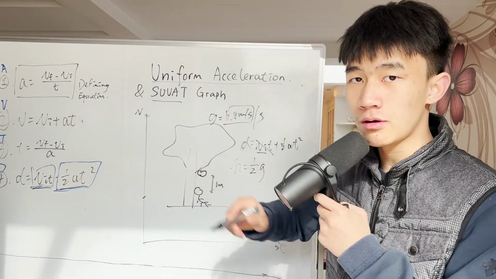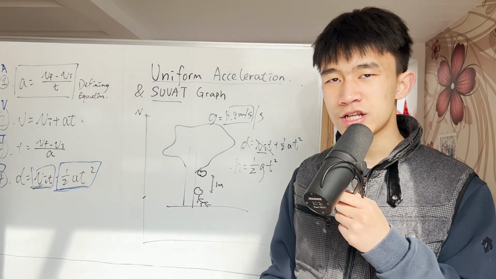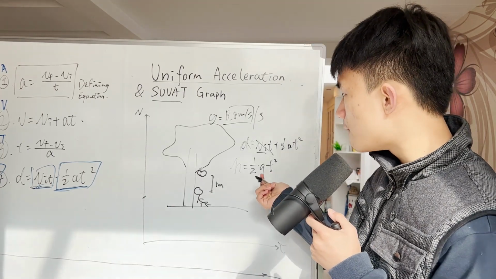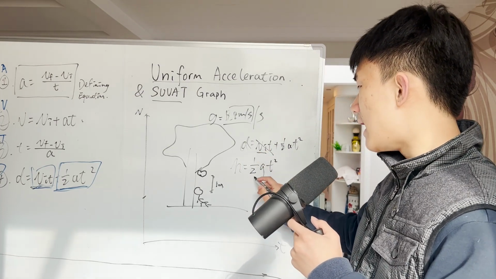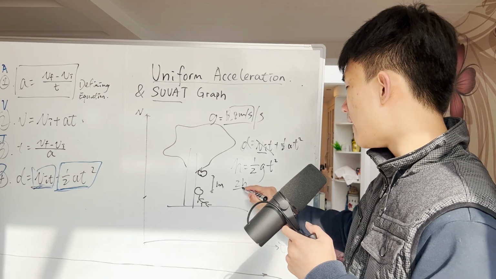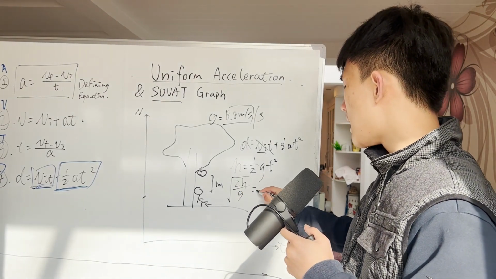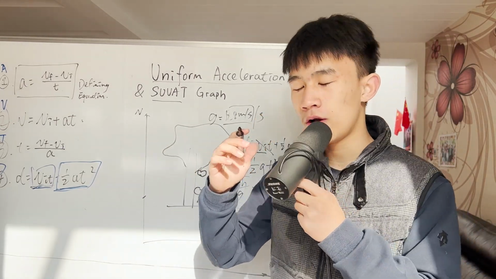We denote it by the letter g. All right, times time squared. So what do I want to calculate? Well, I want to calculate how long the apple has fallen. Well, I just rearrange this equation. I move the 1/2 to that side, and it equals 2h. Divide both sides by g and take the square root of both sides, and I get t is equal to the square root of 2h divided by g.